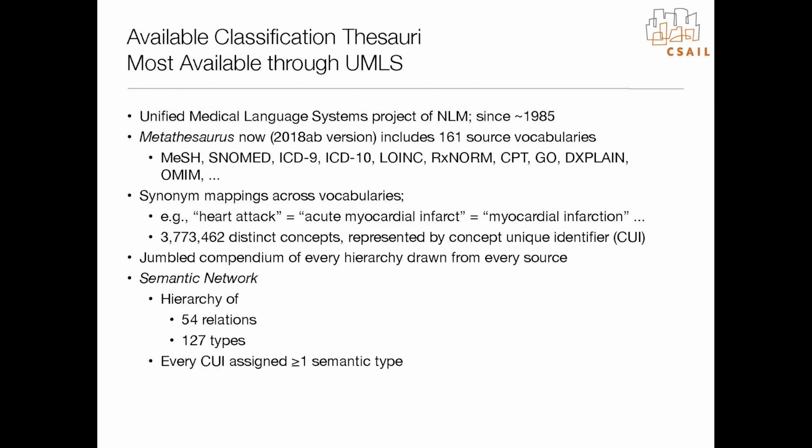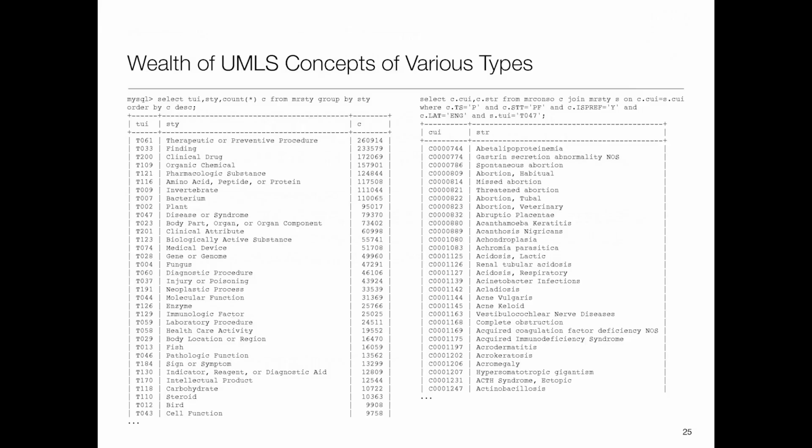So this is very useful for looking through this stuff. Here are the UMLS semantic concepts, or the semantic types. So you see that the most common semantic type is T061, which stands for therapeutic or preventive procedure, and there are 260,000 of those concepts in the metathesaurus.